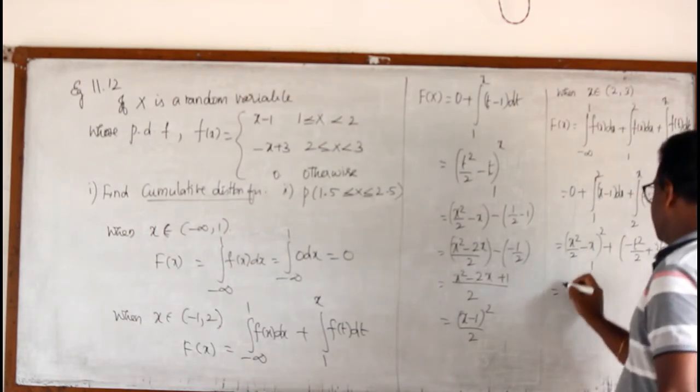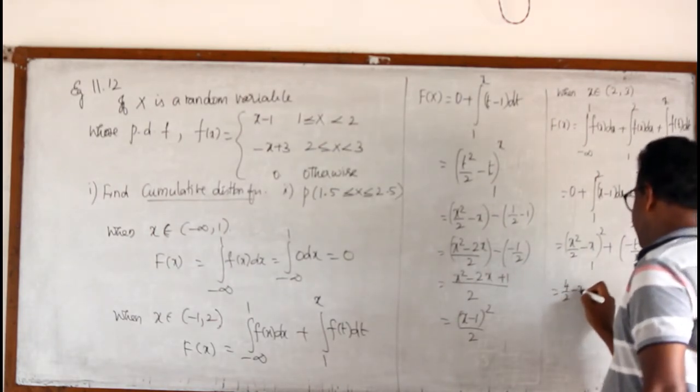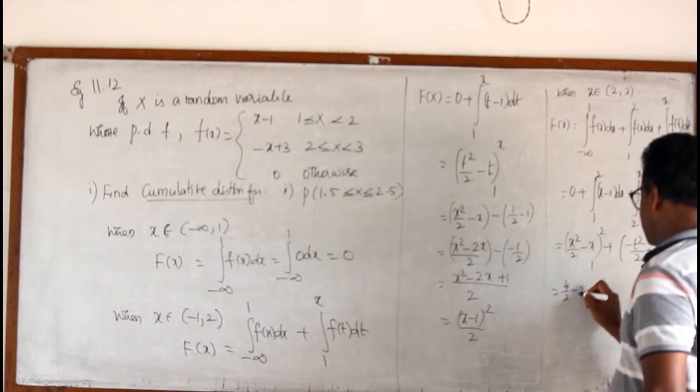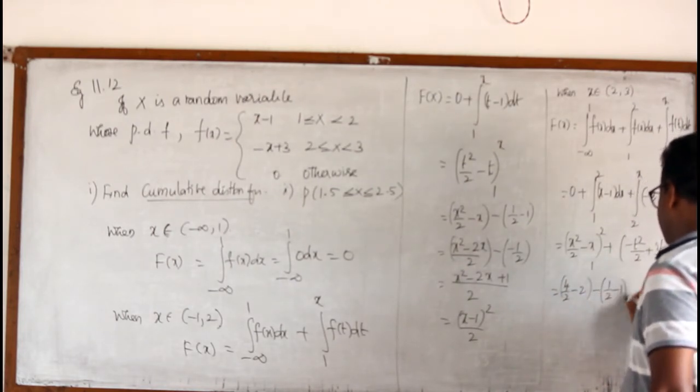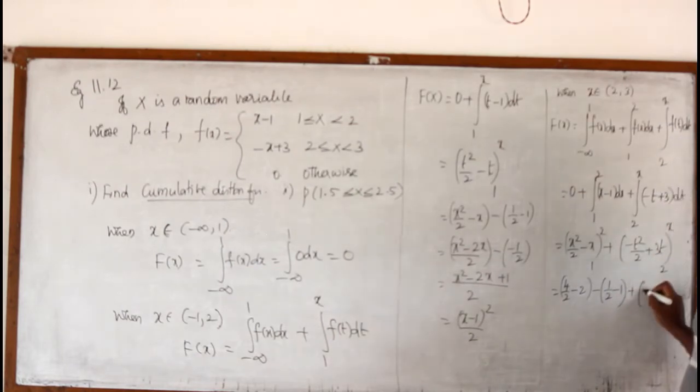So it is 2 square 4 by 2 minus 2 minus 1 by 2 minus 1 plus, this is minus x square by 2 plus 3x and then minus 4 by 2 plus 6.